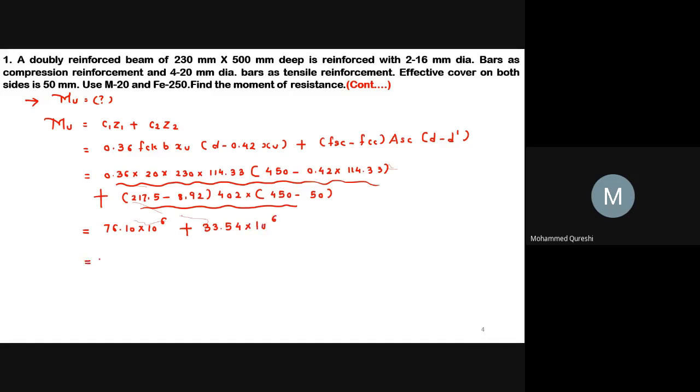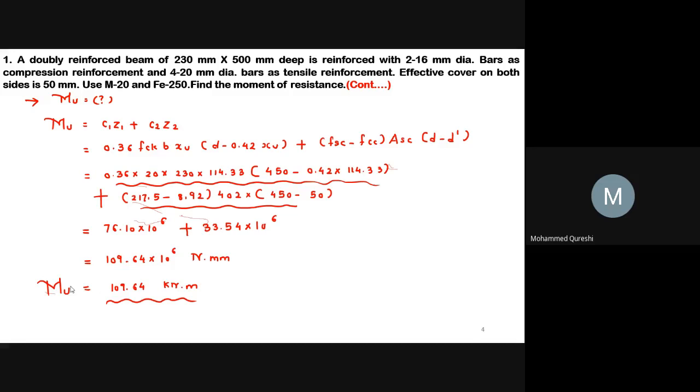So the summation of both these values will be 109.64 into 10 raised to 6 Newton mm, which will be equal to 109.64 kilonewton meter. This is the value of moment of resistance Mu.